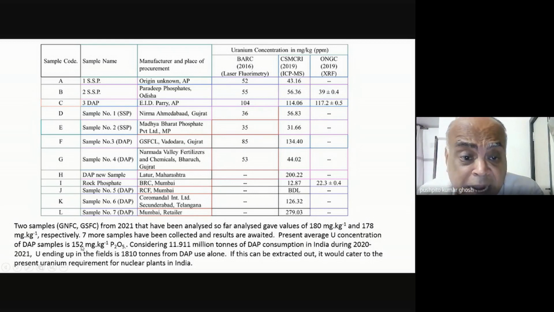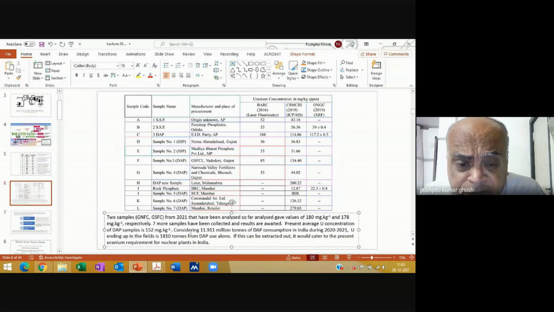Again this year, 2 samples were analyzed, and another 8 are awaiting analysis. Consistently high results: 180 milligram per kg, 178 milligram per kg. In yesterday's lecture, you would have seen that we consumed about 11.91 million tons of DAP in 2020-2021.